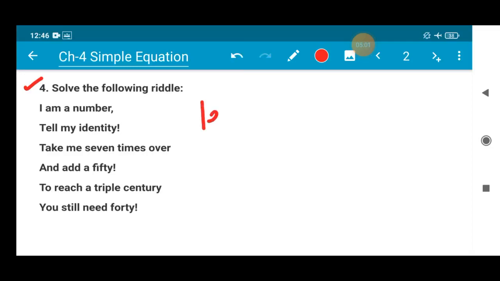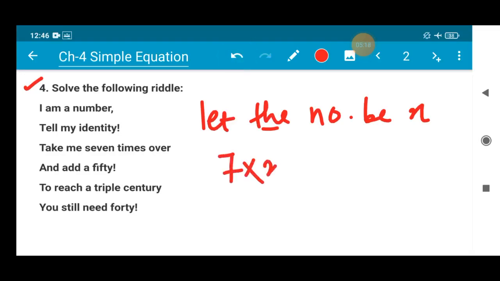So first of all, we don't know the number, so let the number be x. We have to find the value of x, that is the identity. Take me 7 times over and add 50 to it. 7 times the number means 7 into x plus 50, and to reach a triple century you still need 40.